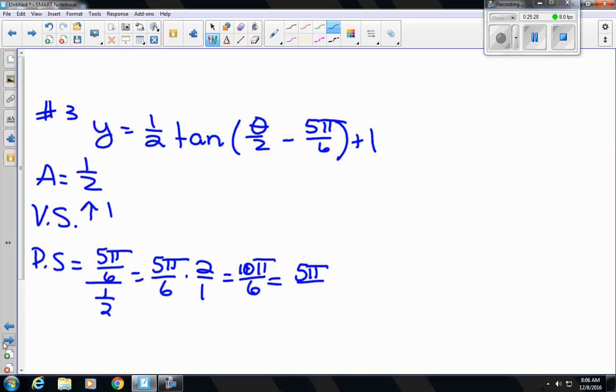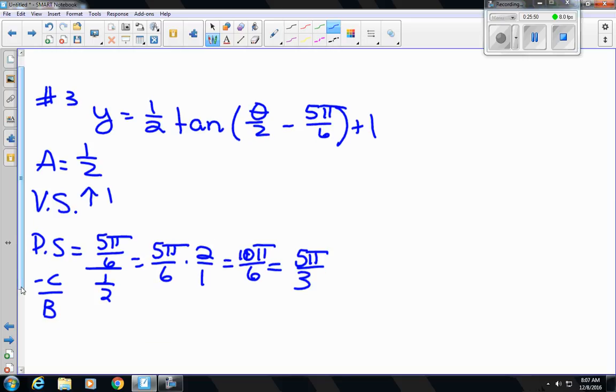Well, no, because here it's negative, so it moves the opposite direction. Really, the formula is negative c over b. Yeah, so this is all positive. You're good with positive. So 10/6 reduces to 5 over 3 pi. Okay?